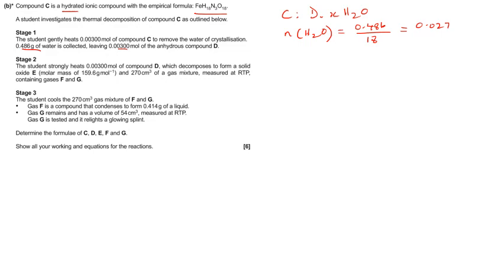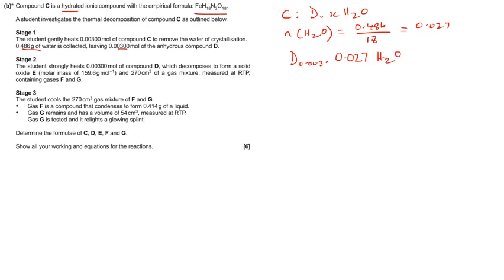So we could write out the formula of C like this. We could say D is 0.003, and a dot for our coordinate bonds, X is 0.027 water molecules.